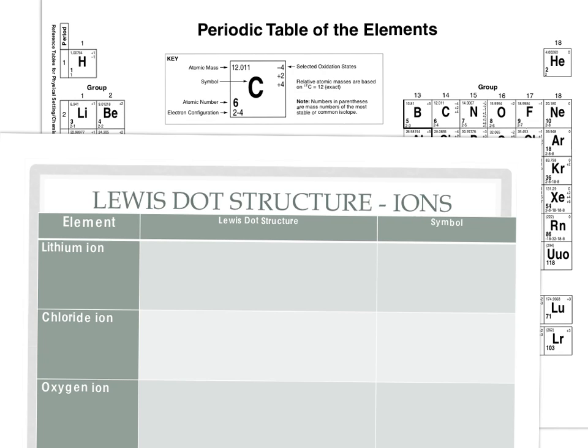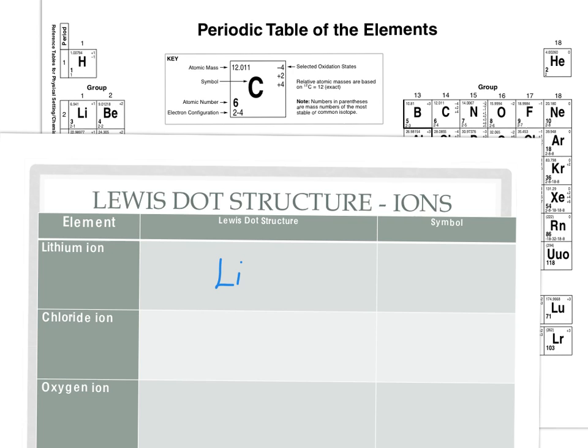Okay, so we will draw the Lewis dot structure for a lithium ion. So first of all, we are going to write down the symbol. So Li is our symbol. And remember that we initially had 1 valence electron, but because we're going to give it away, there is no longer a valence electron outside there.